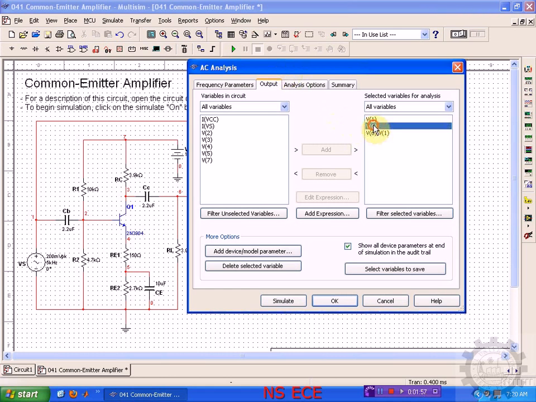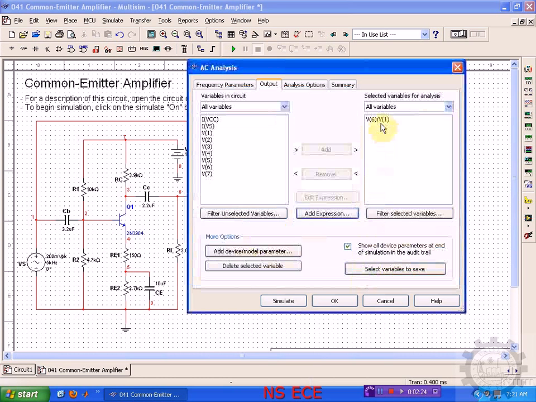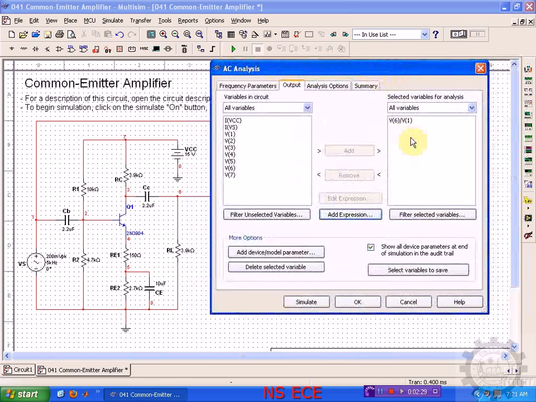So for that I select add expression V(6) divided by V(1). This itself gives the voltage gain of the amplifier with load resistance.